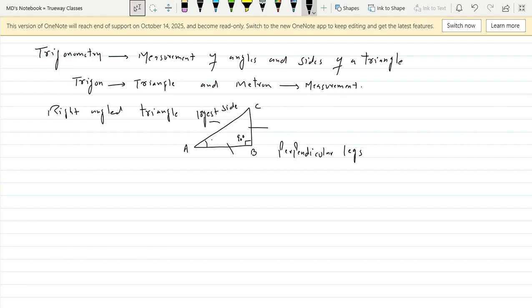Let me fix it here. This is denoted by theta. This is a Greek letter theta, isn't it? Now we give names to the sides of the right angle triangle with respect to this fixed angle theta. The longest side is called hypotenuse.